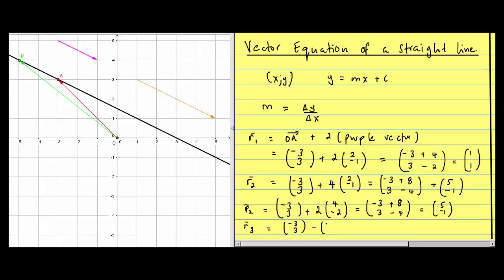And this is going to simplify to -3 minus 2, and that is going to be 3 minus -1, so it'll be +1. And you will notice that for the x component, it's going to be -5, and the y component is going to be equal to 4.